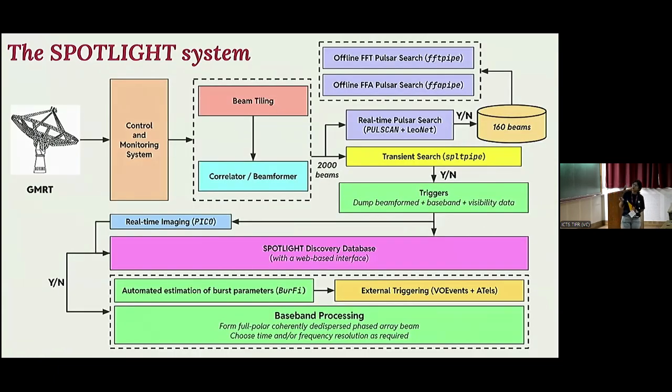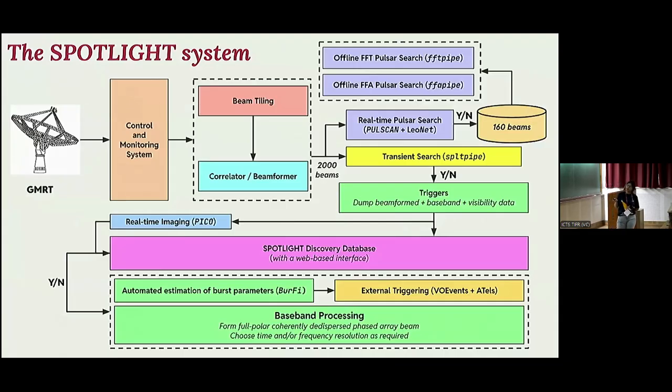In the previous talks, you have seen this plot. When a detection happens, it triggers the data dump. It dumps beamformed, baseband, and visibility data, and then it goes to the discovery database.